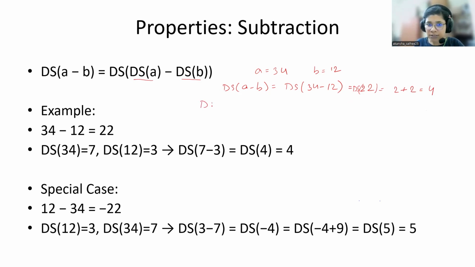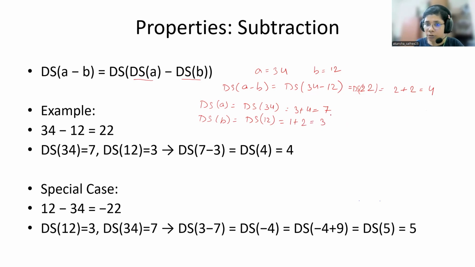Let's see now digit sum of A. Digit sum of A is digit sum of 34, because A is 34, and that is 3 plus 4, which is 7. Again compute digit sum of B, but B is 12. So digit sum of 12 is 1 plus 2, that is 3.